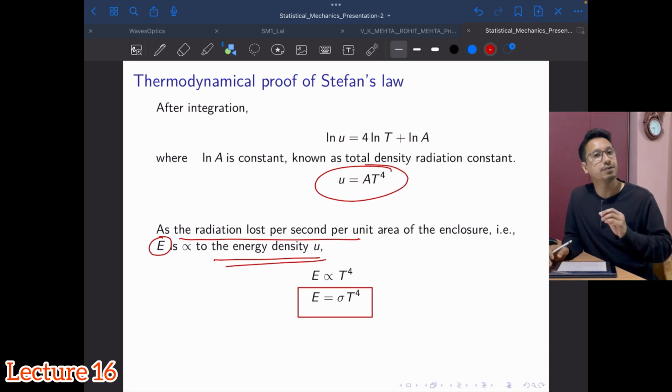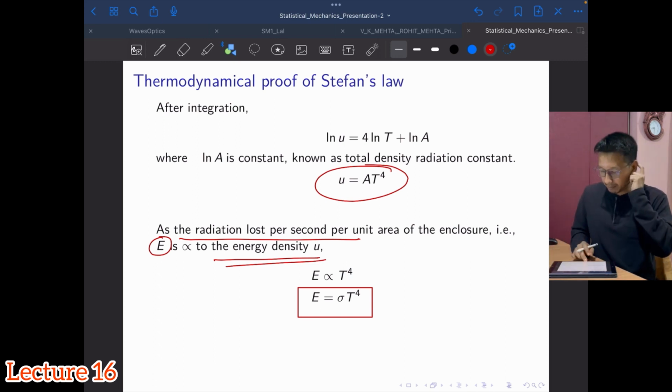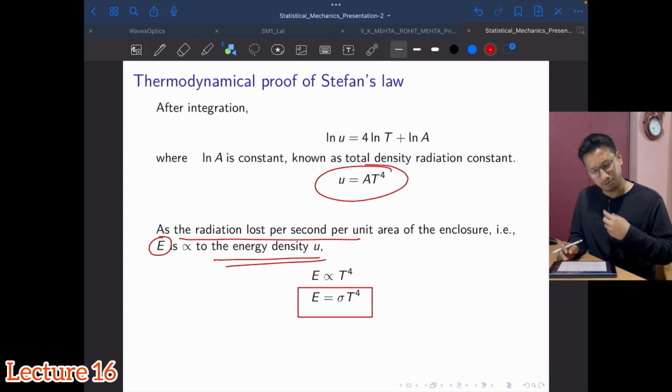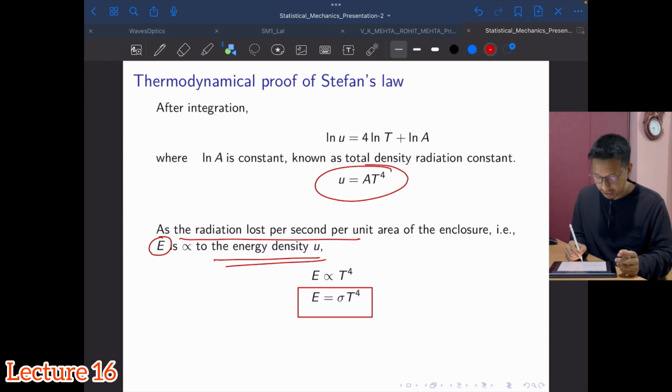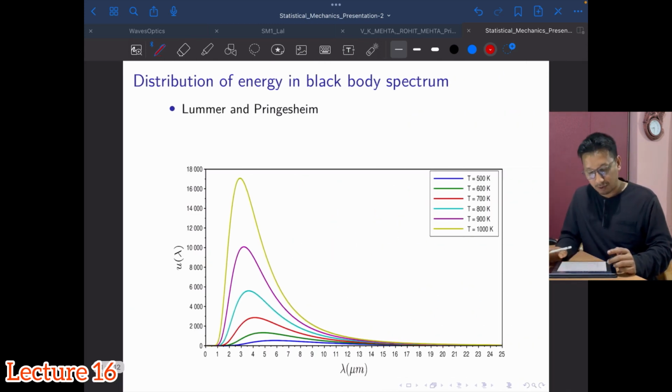Stefan's law says that energy radiated by a black body per unit time, that is per second per unit area, is directly proportional to the fourth power of the temperature. Mathematically, there is a constant term which we represent as sigma, that is Stefan's constant.